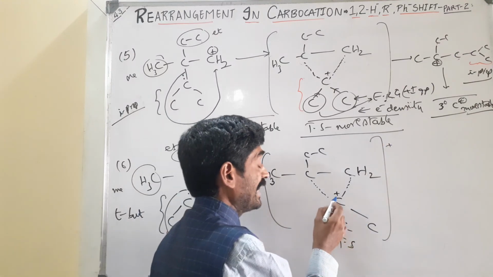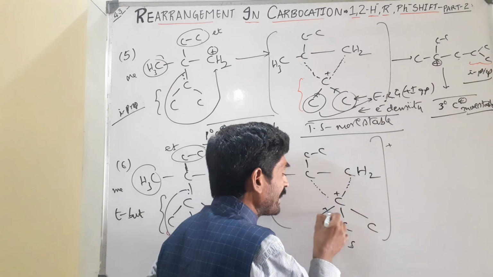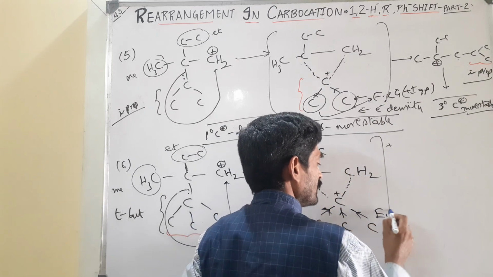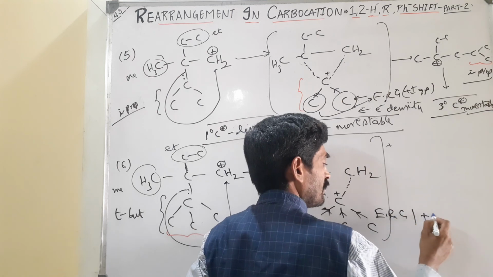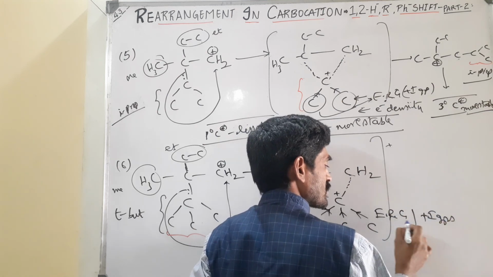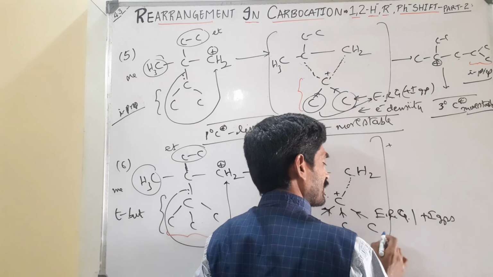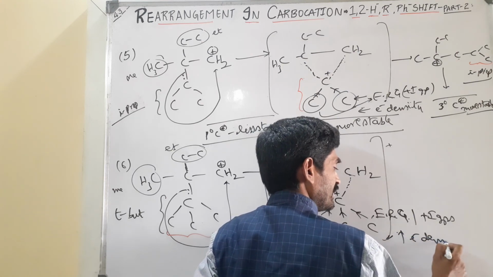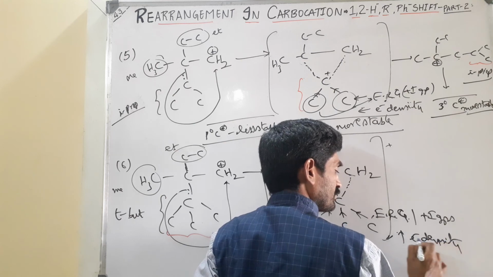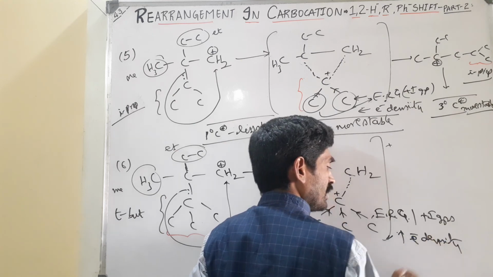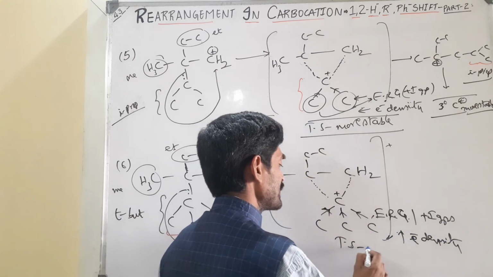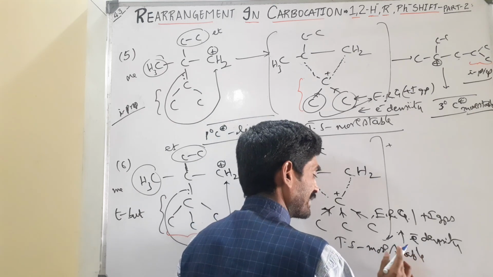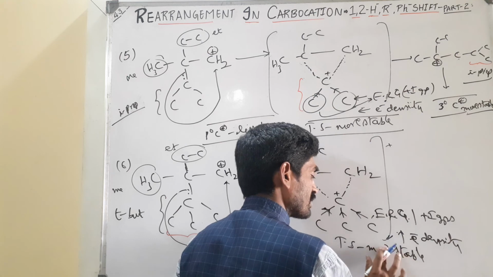The electron density is increased by the 3 electron-releasing groups. These are all plus I groups, releasing electrons, so they increase the electron density. Because of that, the transition state is more stable. From a more stable transition state, you will get a more stable product and a faster reaction.